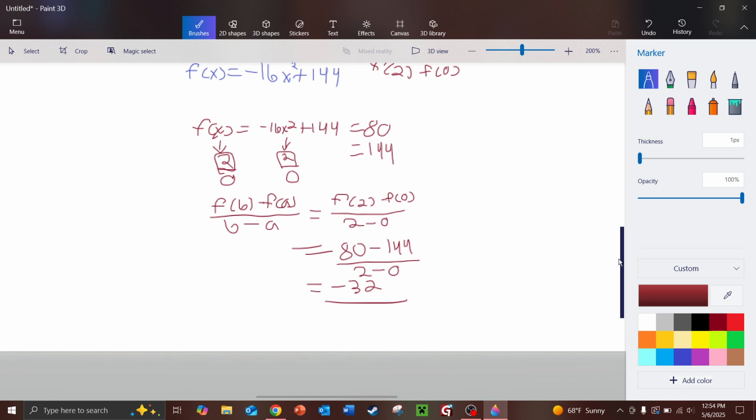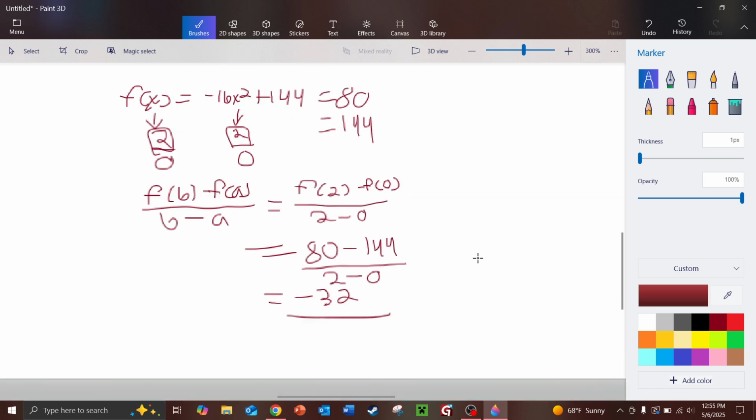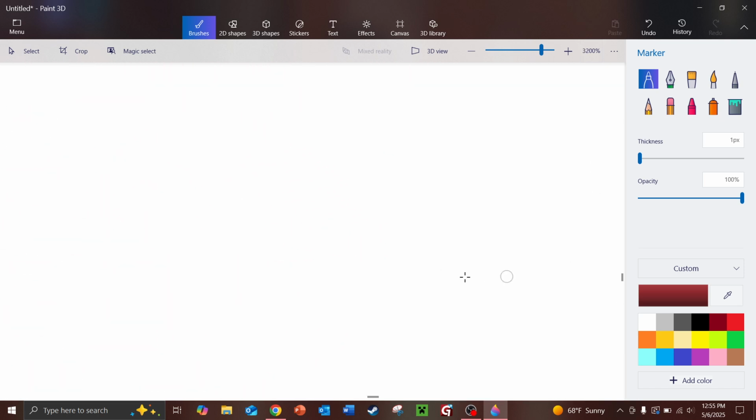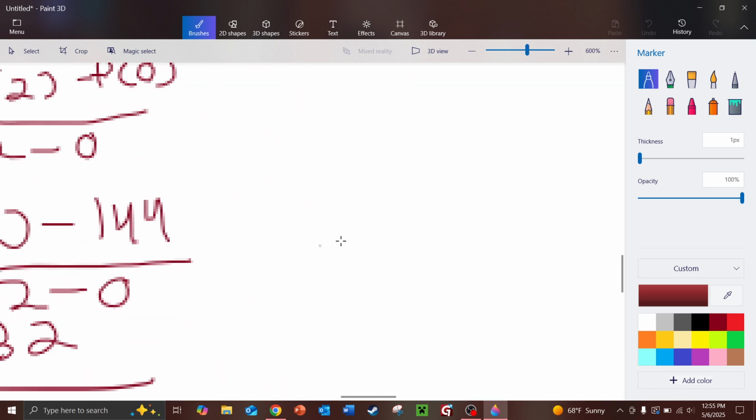However, you'd say the object's average speed is 32 feet per second. So it would be 32 ft.